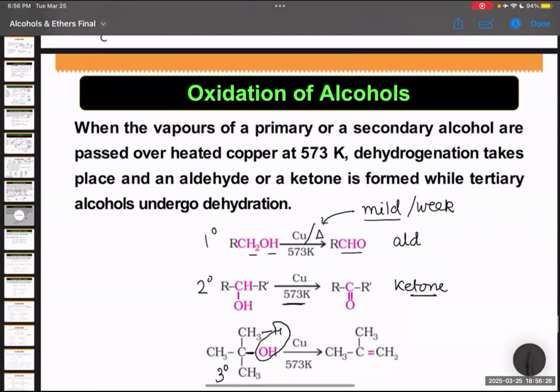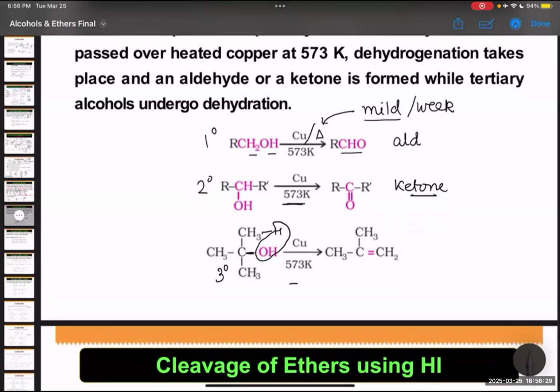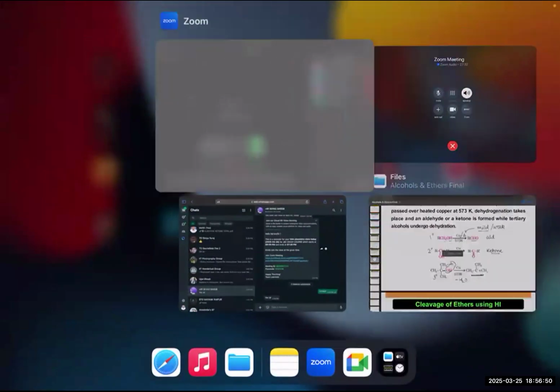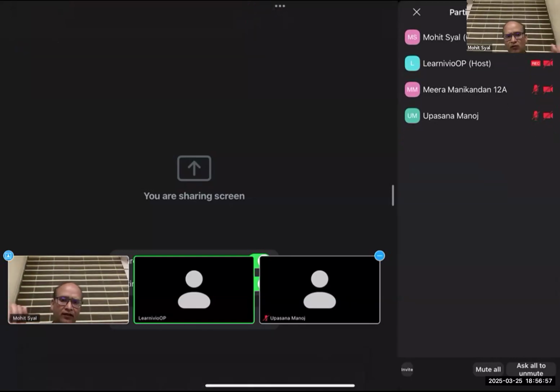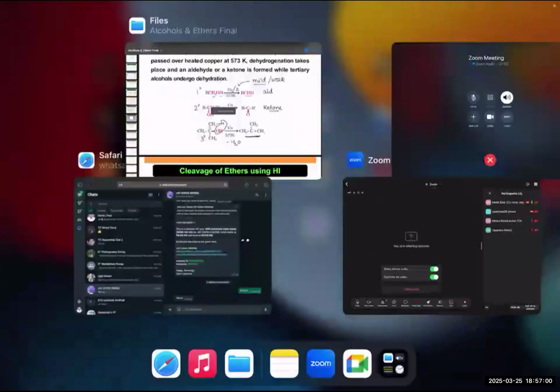But this is not oxidation, this is removal of water, dehydration to alkenes. So with copper heat, you can end up with aldehyde for primary alcohol, a ketone for secondary alcohol, and an alkene for tertiary alcohol. Tertiary alcohol undergoes dehydration. I hope this is clear, right?